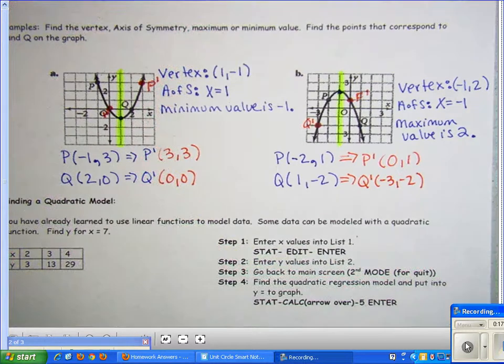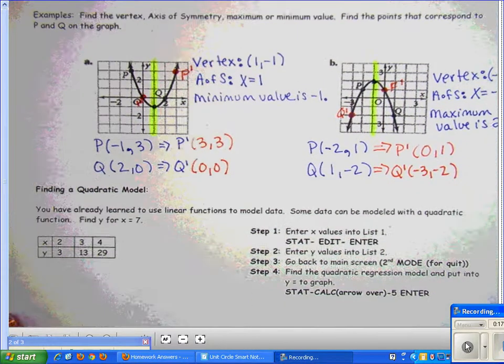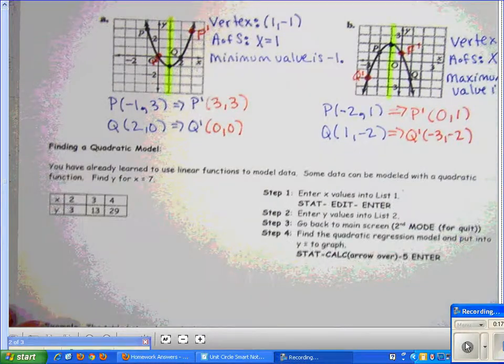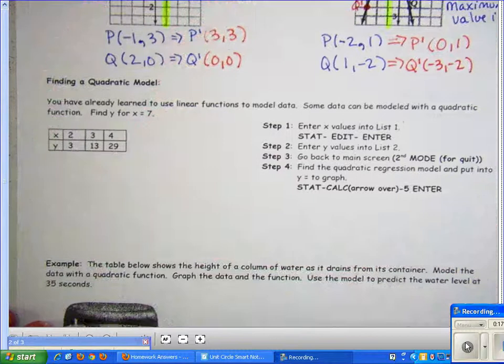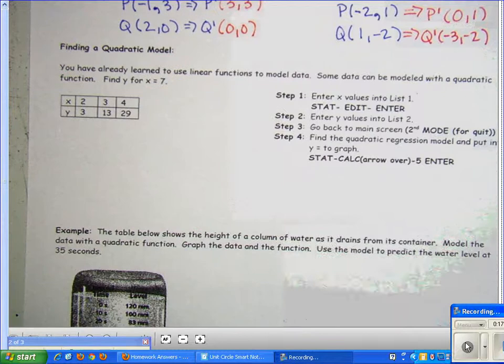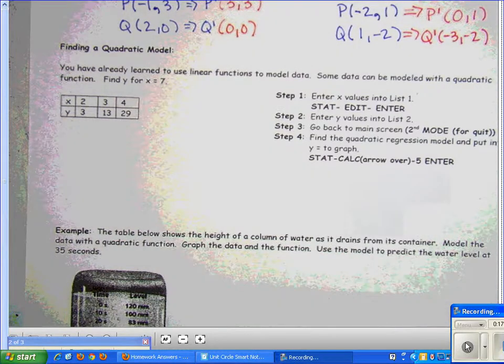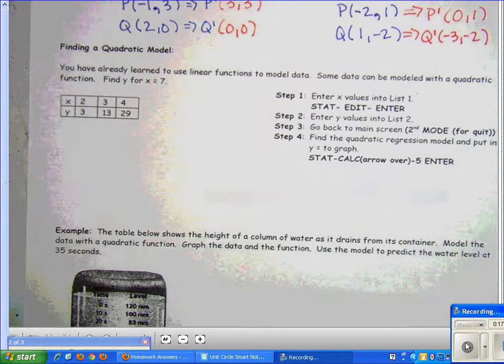Now, the very last thing that we need to do is find quadratic models given a bunch of data points. We've already learned to use linear functions to model data. Some data can be modeled with a quadratic function. So we're going to do that for this, and then we're going to find y when x is equal to 7. Now, you can do these quadratic examples by hand, which I'll show you in class, but we're just going to use our calculator for this.